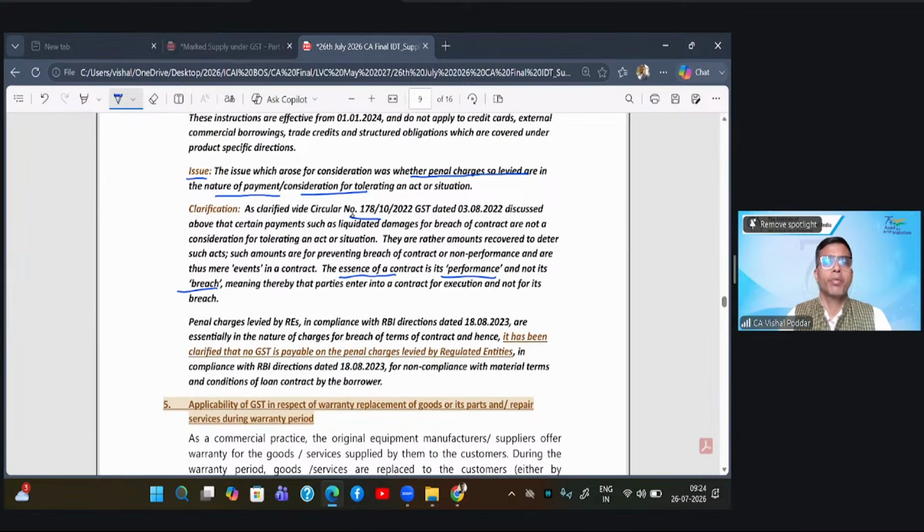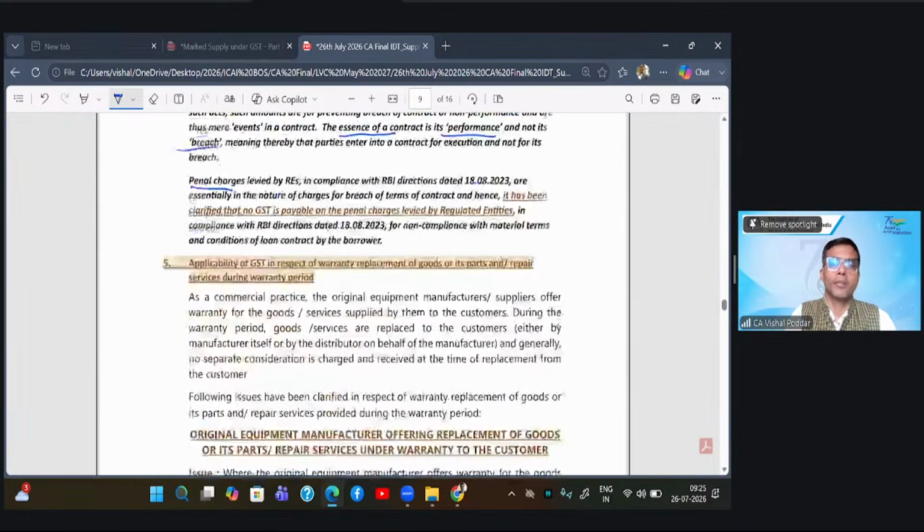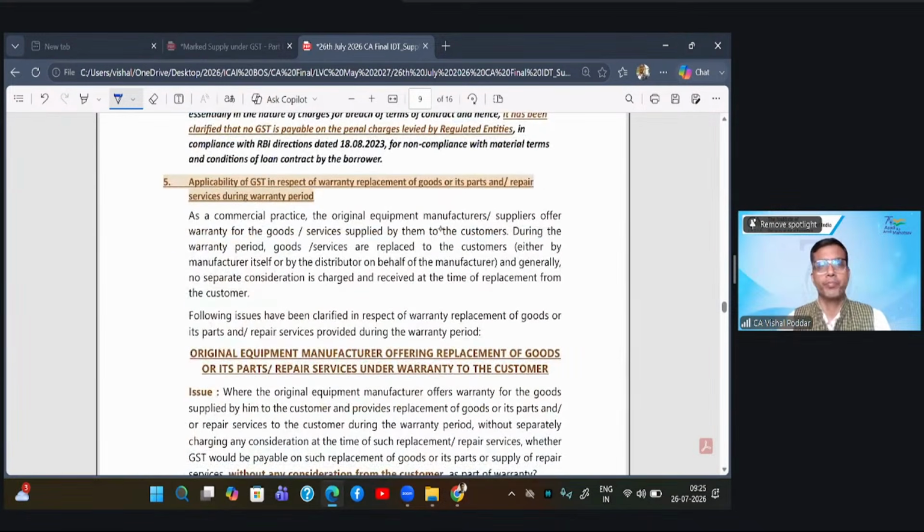However, if for some reason you fail to perform it and for that I have imposed any charges, those charges will again not be leviable to GST, because again my intention was that this contract should be performed and I had a penalty clause. So if any type of penal charges are levied, that will not be taxable.